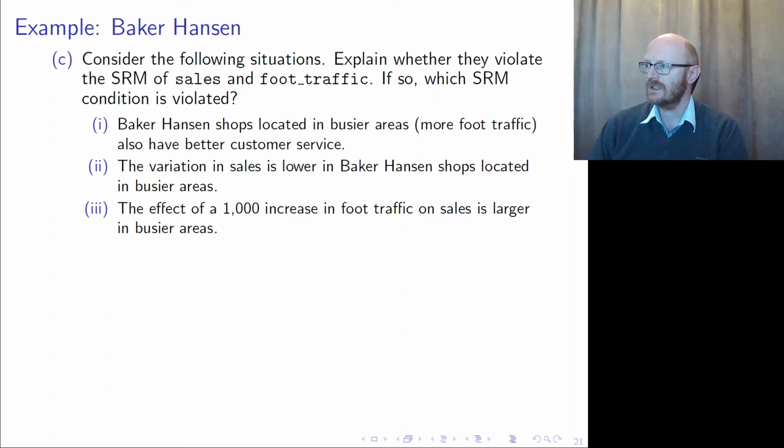Okay, so on to part C. Consider the following situations. Explain whether they violate the simple regression model of sales and foot traffic. If so, which SRM condition is violated? Okay, for part 1 here, Bucket Hansen shops located in busier areas, more foot traffic, also have better customer service. Okay, what kind of violation might this be?